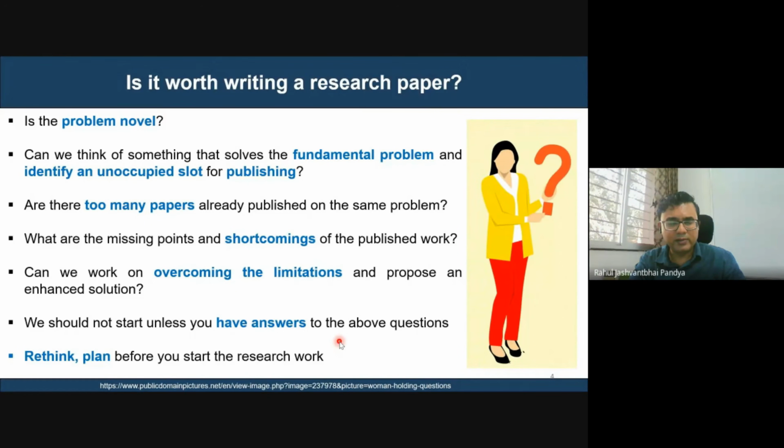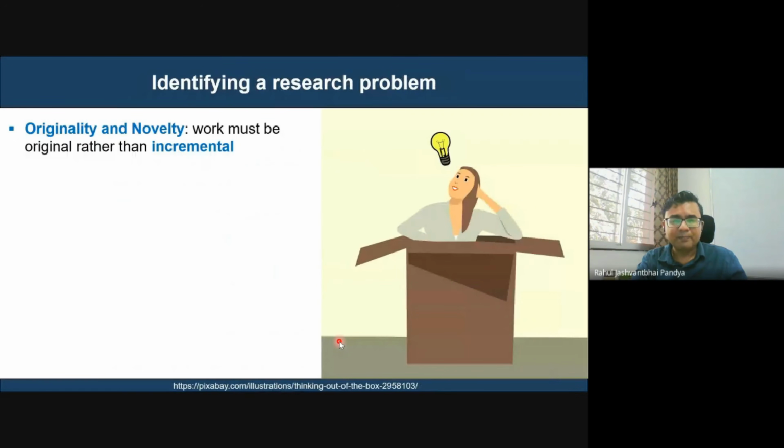So we have to rethink and plan before we start the research, not just the writing part, because once we do the work, then we write. So we have to plan it nicely. Our first job is to identify a novel research problem, right? This is the first and foremost thing for a PhD student or any researcher.